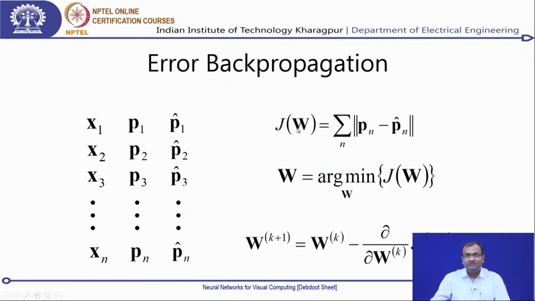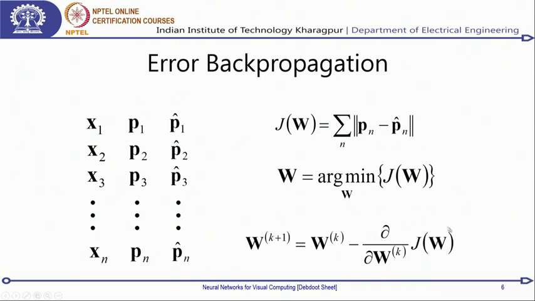From there I get my J(W), and accordingly I can solve this differential equation, which is a partial derivative of the cost function with respect to my weight at that particular instant. Once I have this partial derivative, I just subtract it and get my new estimate of weight, which is W of k plus 1.